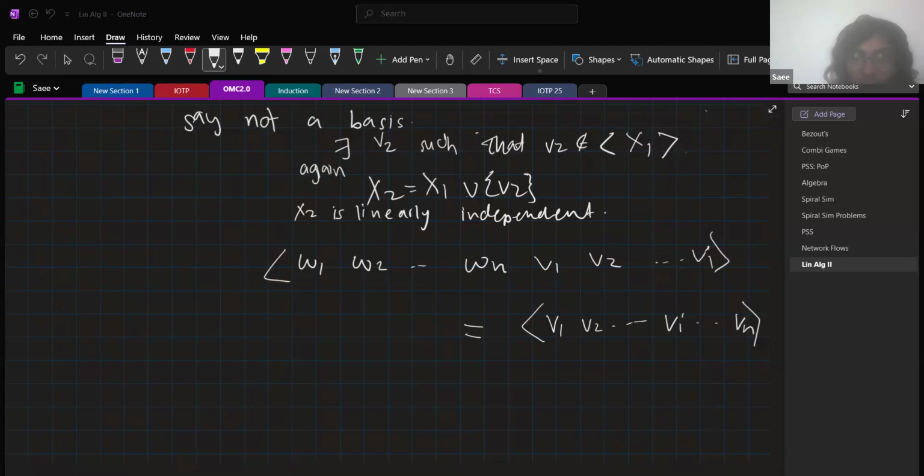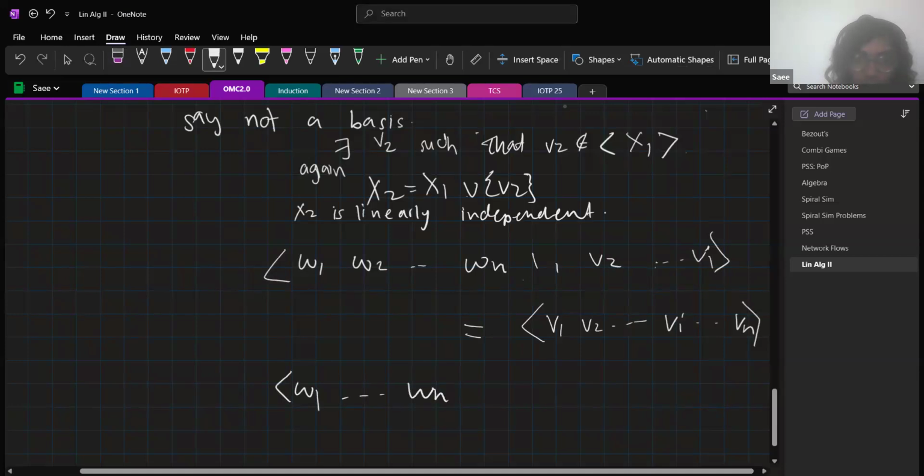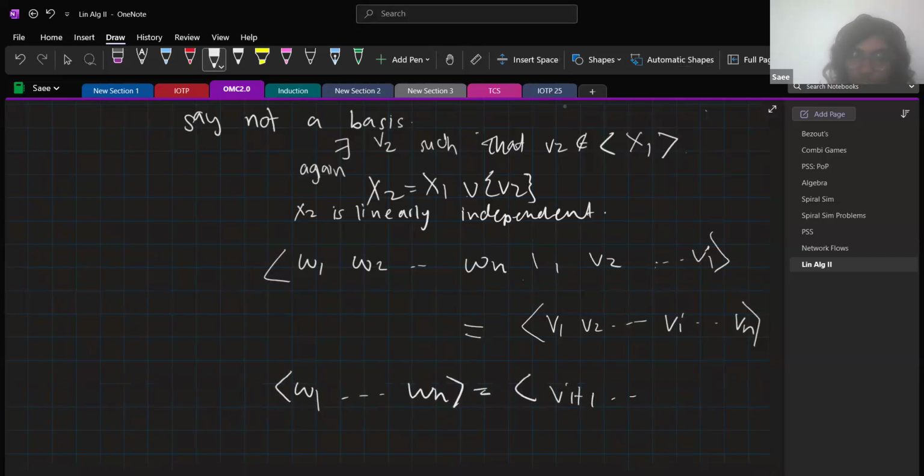So we can say that W1 to Wn, the span of this is the same as the span of everything from Vi plus 1 to Vn. Right? And now these are smaller numbers, so we are happy.